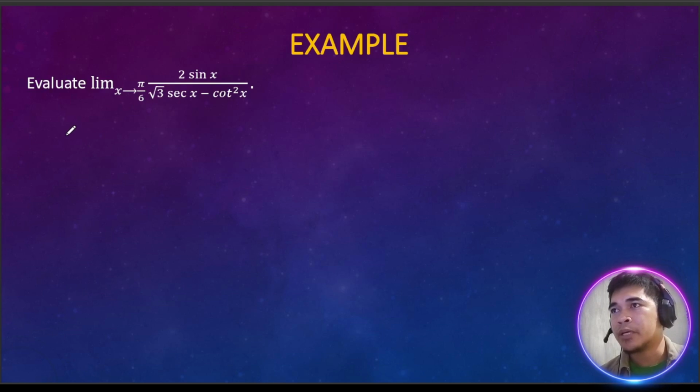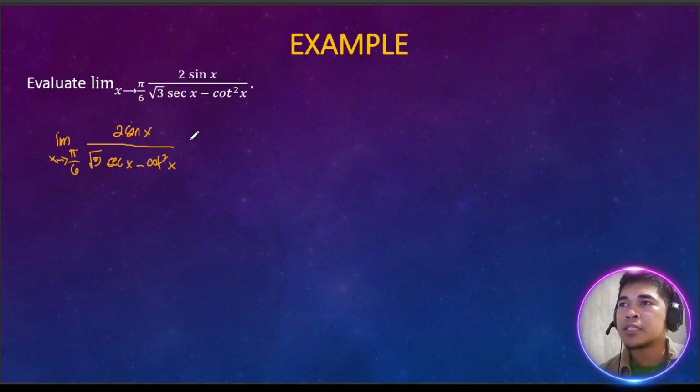So here we have the limit of 2 sine x over square root of 3 secant x minus the square of cotangent x as x approaches pi over 6. Let us take this part by part.